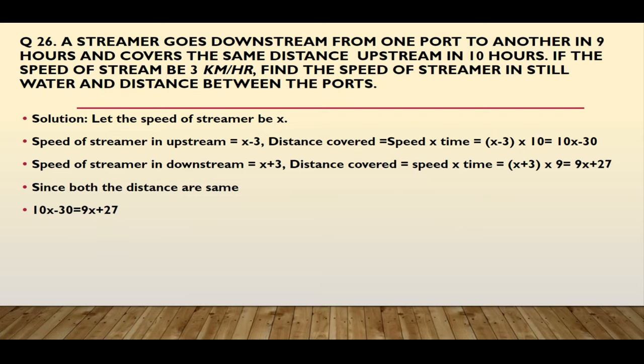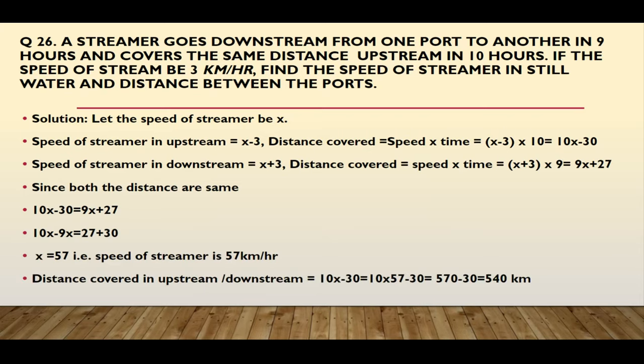So it's a very simple equation which can be solved easily by collecting the variables on one side and the constants on the other side. So if I collect that, the value of x is 57, which makes the speed of the streamer 57 kilometer per hour. What happens to the distance? Distance can be found by any one of these.